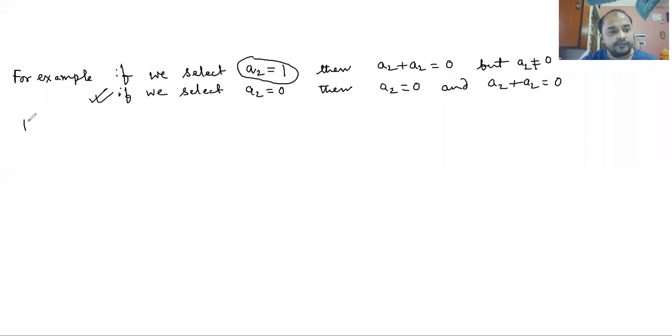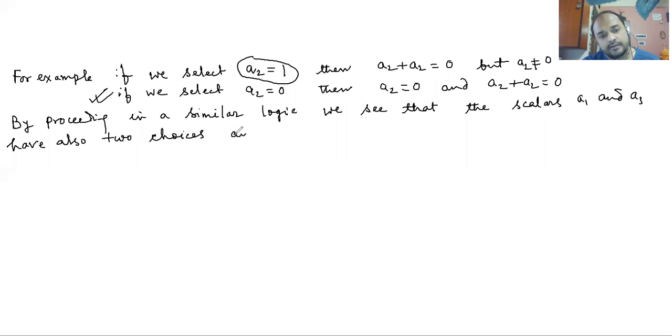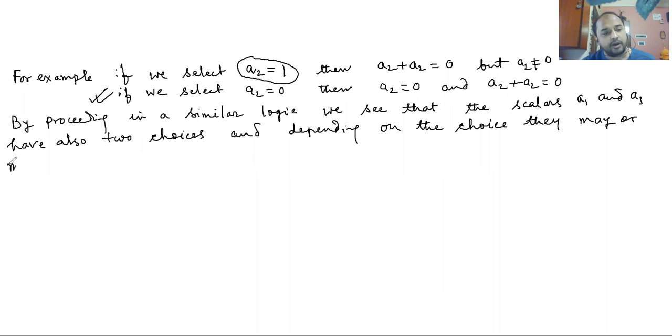And therefore, proceeding in a similar logic, we see that the scalars A1 and A3 have also two choices, and depending on the choice, they may or may not be 0.